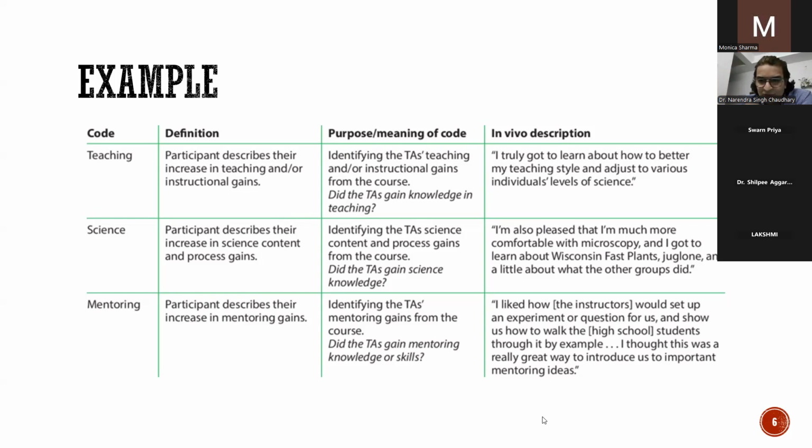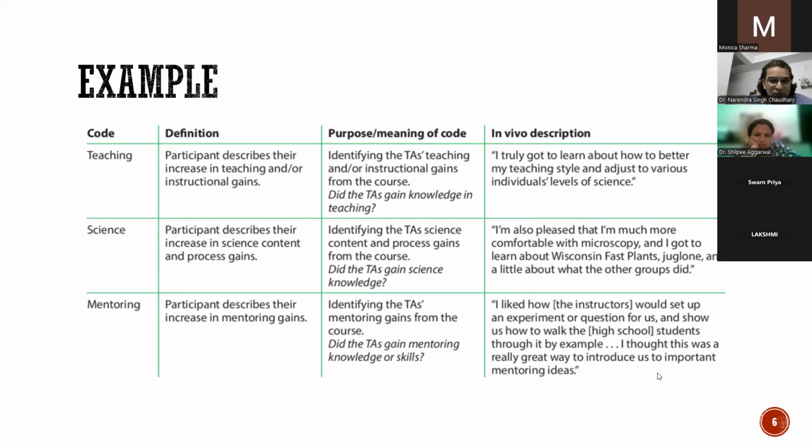Got it? So I am interviewing some people and they are telling me certain statements, am I right? Whatever statement they are saying, from there I have to get some sense out of it, am I right? So the in vivo description is the initial phase that I'm already having.